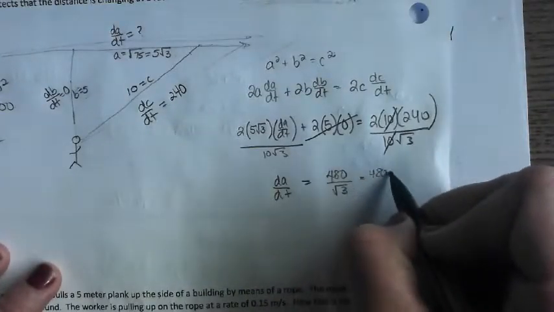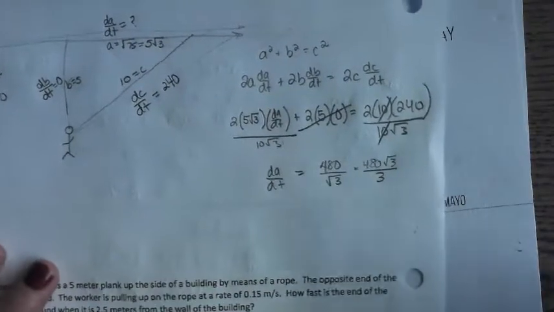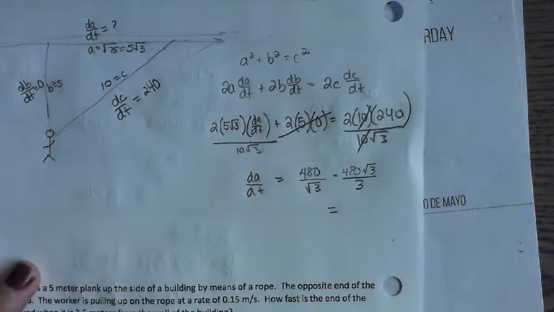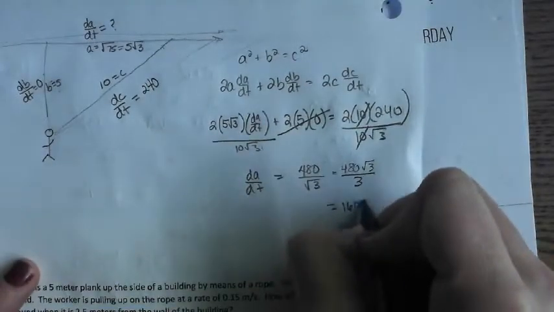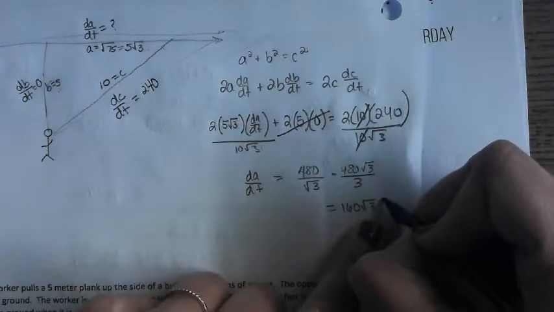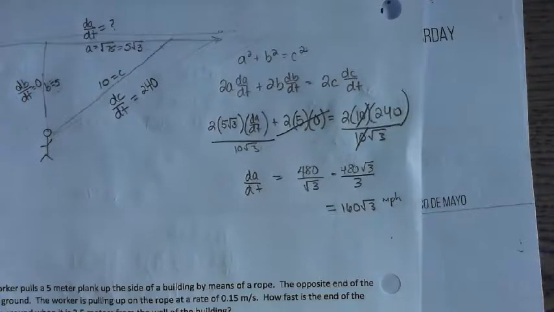You may see rationalization more here than previously. So 48 divided by 3, doing some mental math here. What's 48 divided by 3? 16, so that's 160 root 3 miles per hour. That's already a rate.